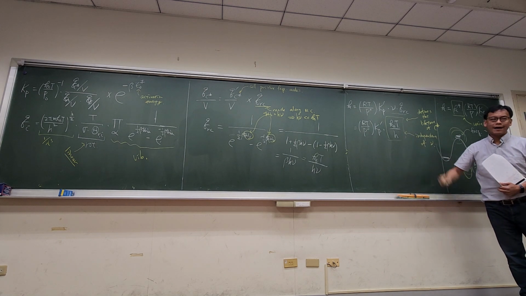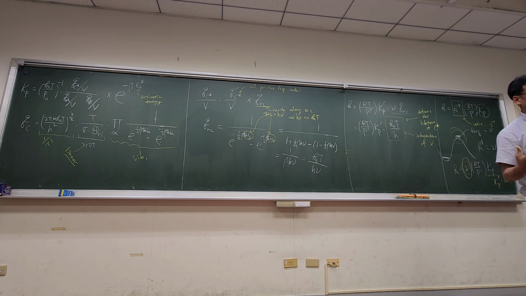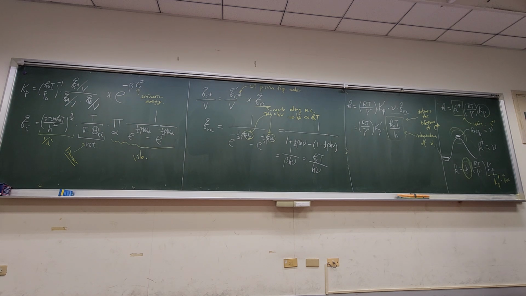So this kBT over h is actually a factor defining the decay rate of the changing state. In this case, we use a very kind of, I don't really like this derivation here.